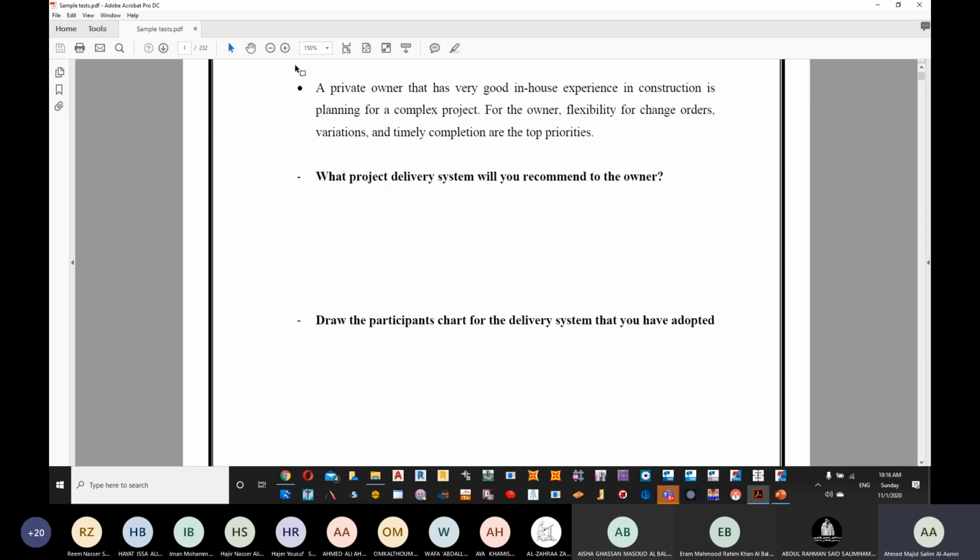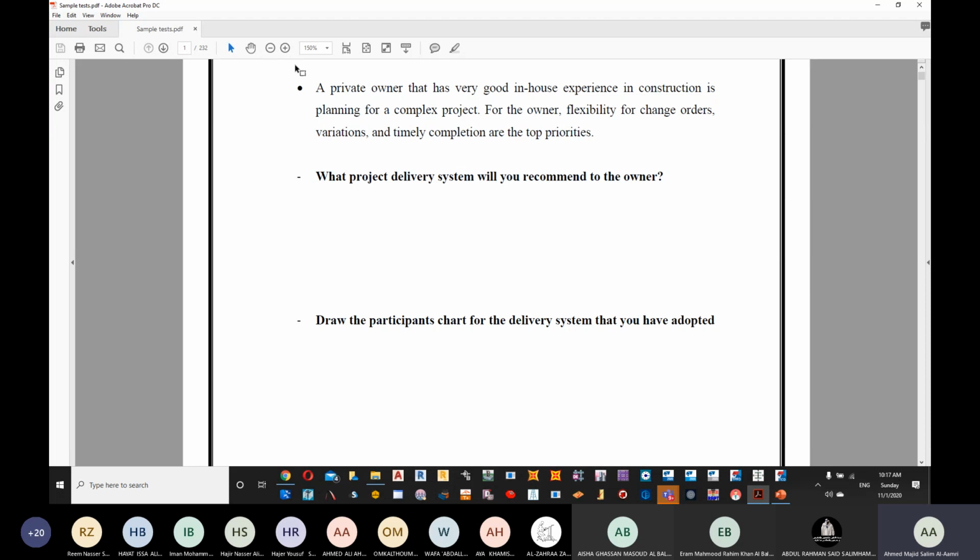Now we have design, bid, build, we have construction management at risk, and then we have design, build. Now, if you see, for design, bid, build, or traditional, we don't have a lot of room for change orders. We have signed the contract. The contractor is going to do whatever is in the contract.